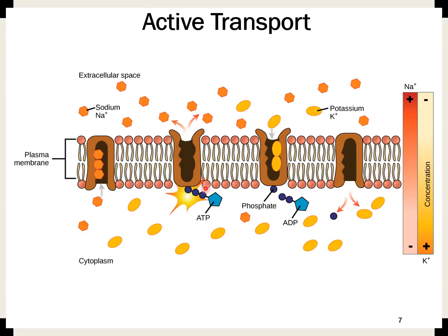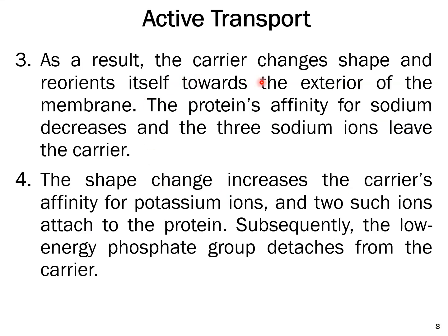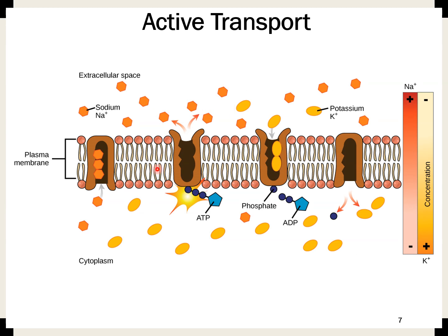And what happens at number 3? As a result, the carrier changes shape and reorients itself towards the exterior of the membrane. You can see that it was oriented towards the inside of the cell. Now after the use of ATP, it has changed its shape and is oriented to the outside of the cell.